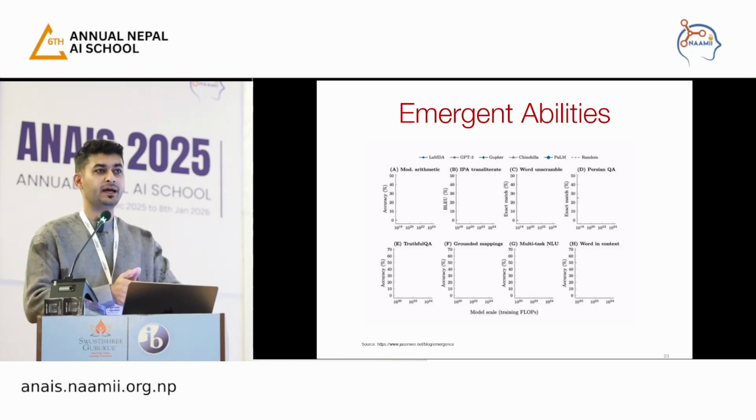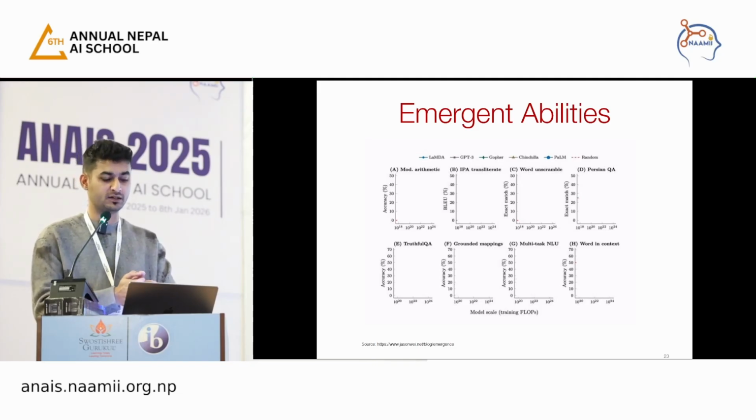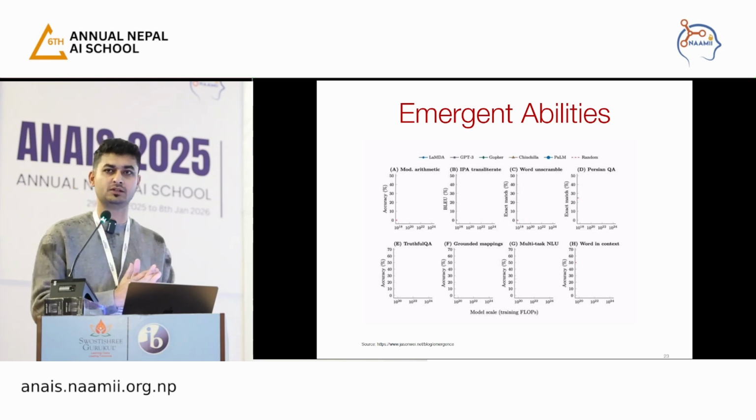So the conclusion of the emergent abilities was that as models scale up, we see this ability. That's an argument for why there should be more investments in large language models in terms of scaling. At the time of doing this, the largest models used to be around 100 billion parameters or so.